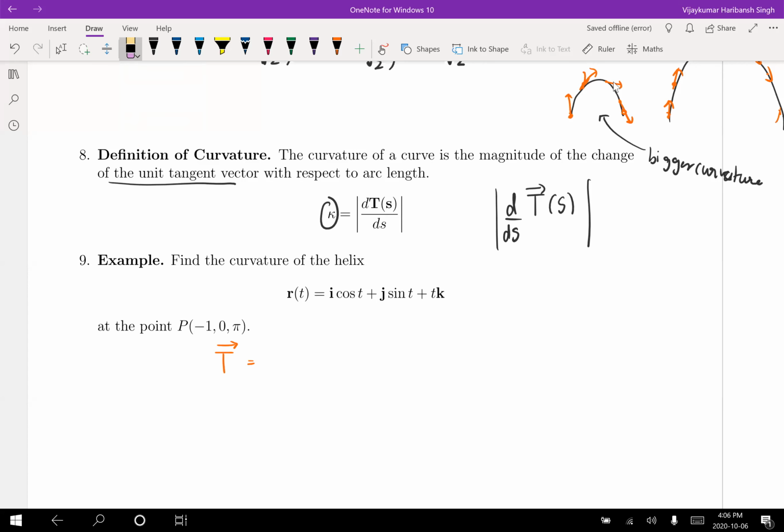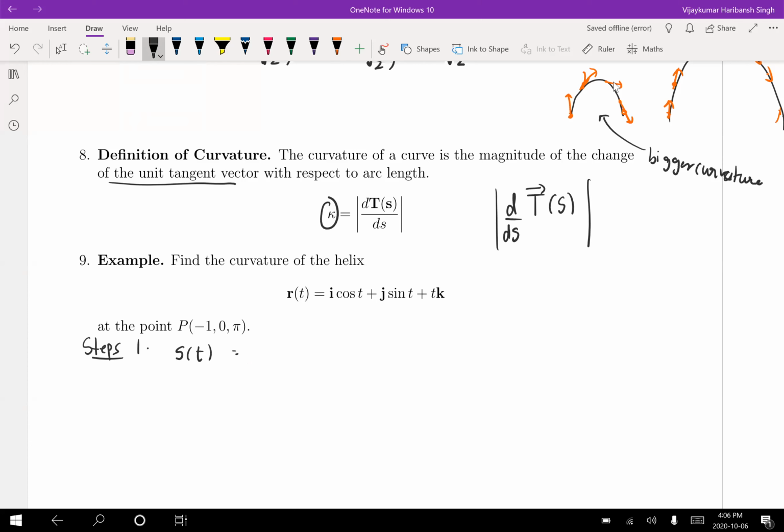So first we need to find the tangent. The steps are the following. First find s of t.